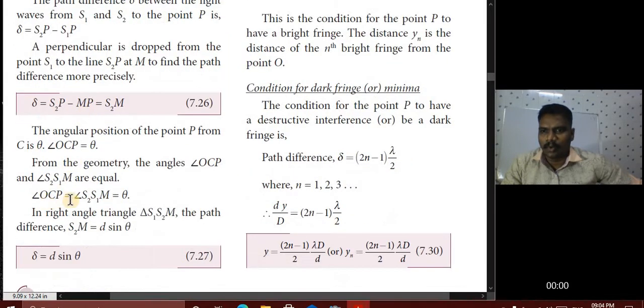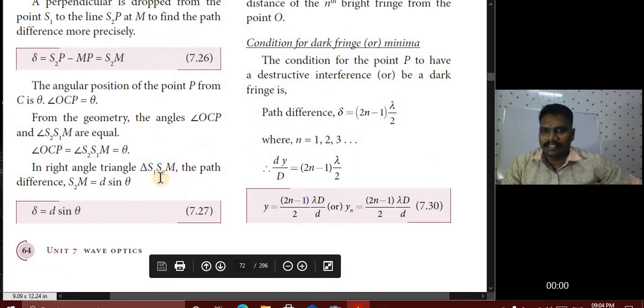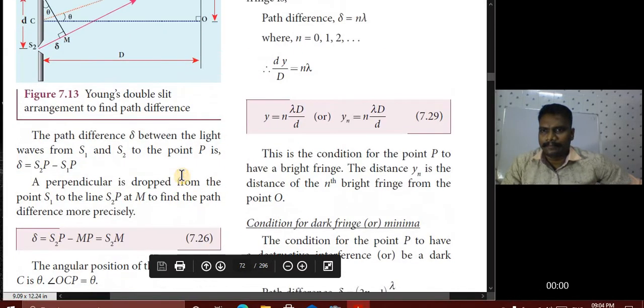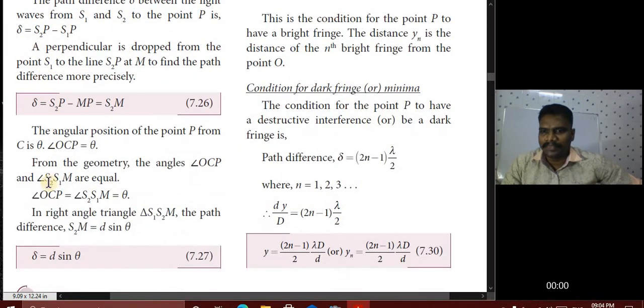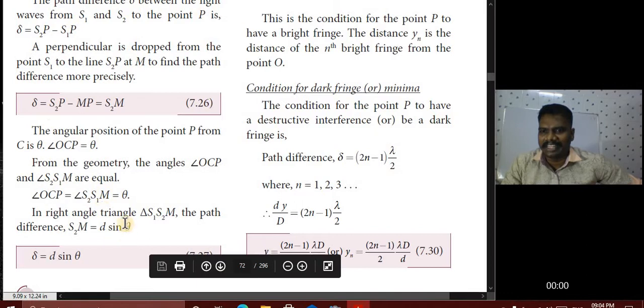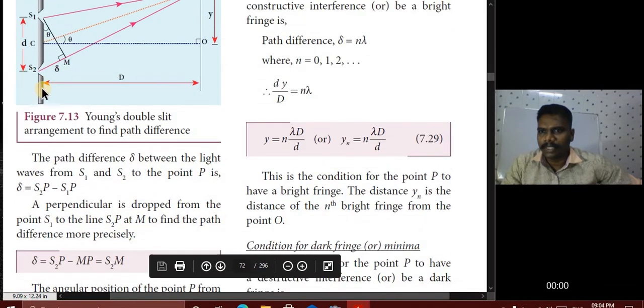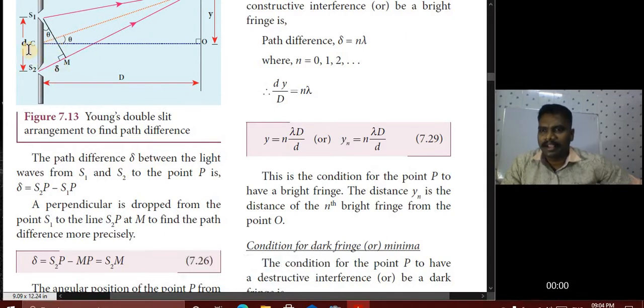So angle OCP is equal to angle S2S1M, which is equal to theta. In right angle triangle S1S2M, the path difference S2M is equal to d sin theta, because sin theta is equal to opposite side by hypotenuse.